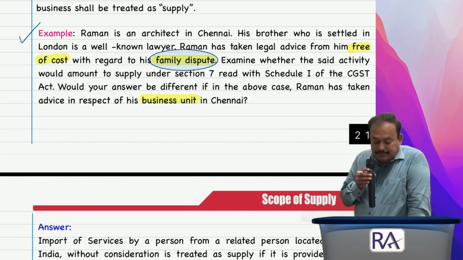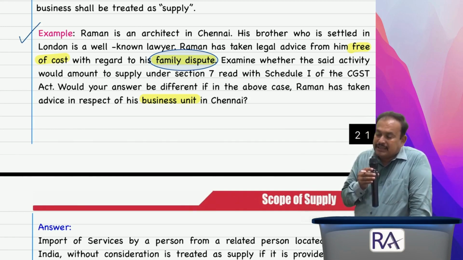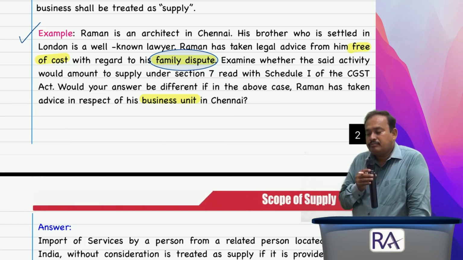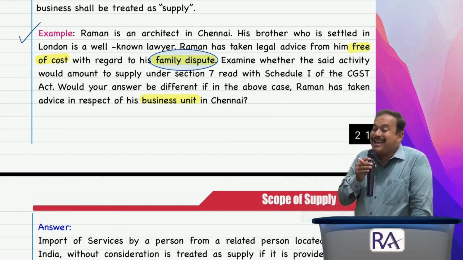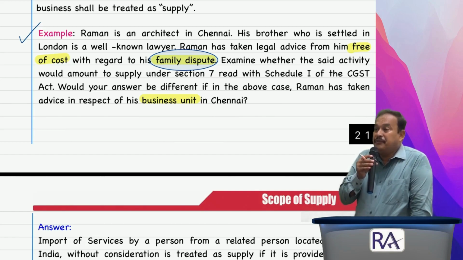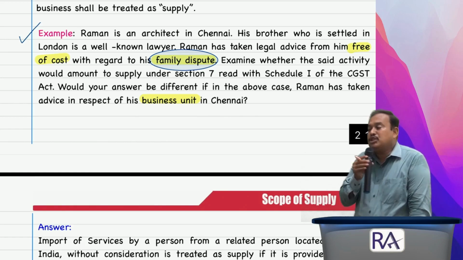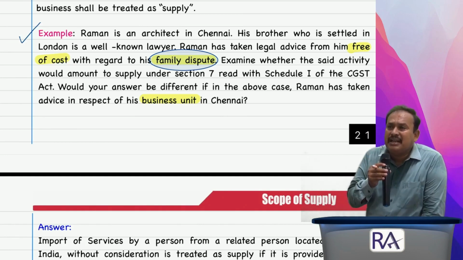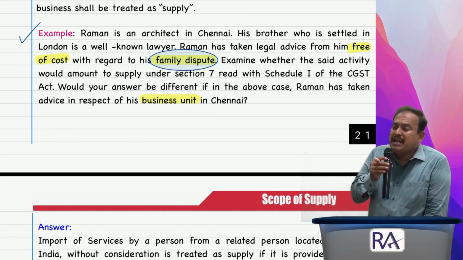My dear friends, first of all, one should understand whether Raman and his brother are related persons. Here we have the term family. Section 2, subsection 49 of the CGST very clearly refers to the same family.